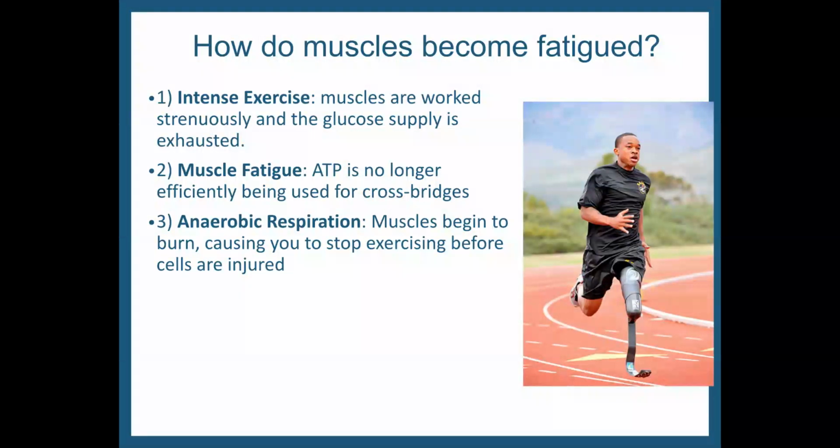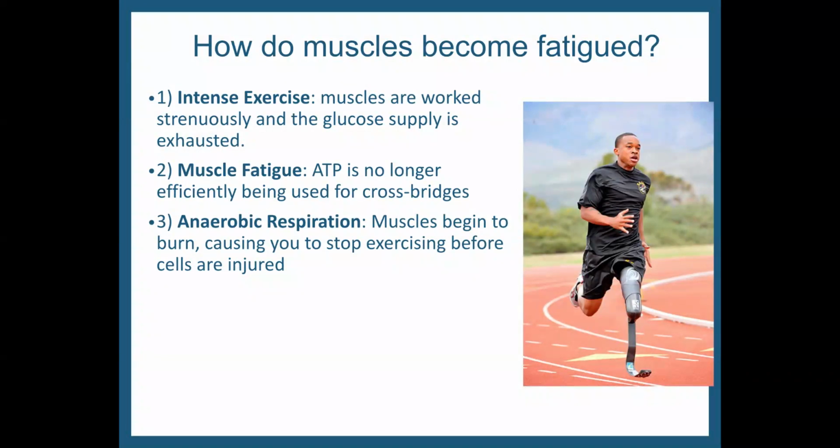And during this step, muscles begin to burn. That burning sensation is actually caused by one of the products of fermentation. So I told you that fermentation makes 2 ATP. You're running out of oxygen as you're working out strenuously, and so then you begin to do anaerobic respiration.